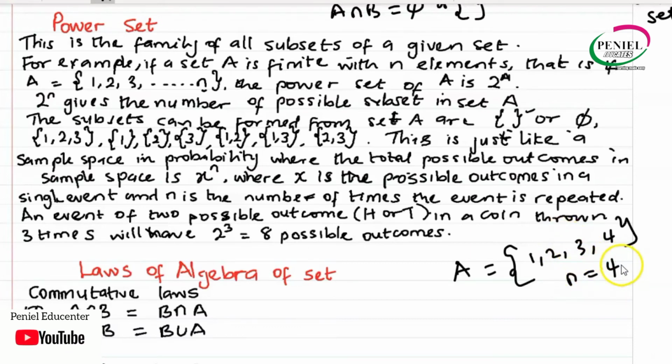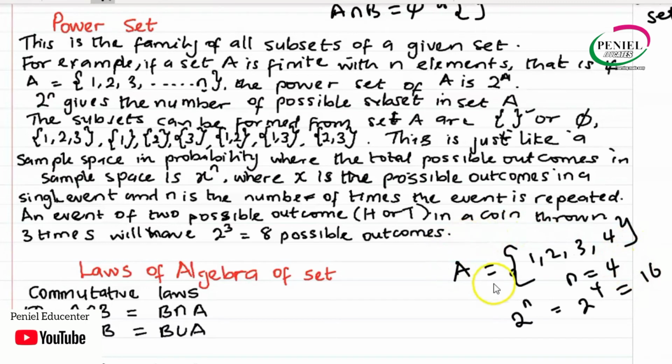Don't forget that we have this as cardinality. So my power set is 2 raised to power n, and n here is 4, so 2 raised to power 4, which is 2 times 2 times 2 times 2, and that is 16. So you are going to have 16 possible outcomes.